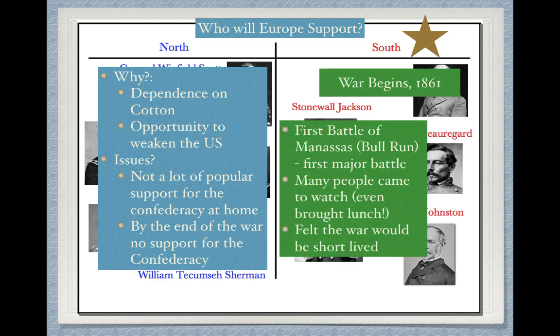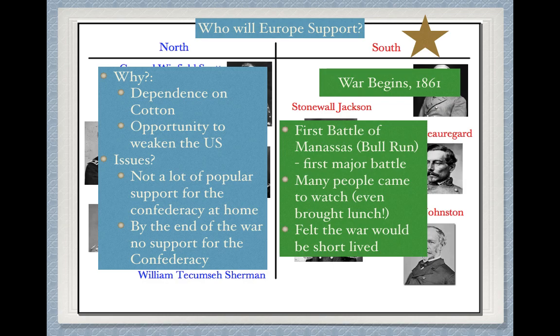The war is going to officially begin in 1861. You have the First Battle of Manassas at Bull Run, which was the first major battle. People actually came to watch this first battle. They thought that it was going to be sort of entertainment. It was so bloody, though, that the early battles of the Civil War are really a wake-up call to American citizens that this isn't going to be quick, that it's not going to be confined to Virginia or something, right?